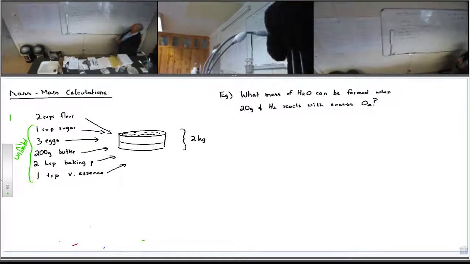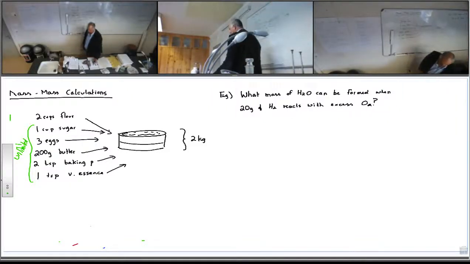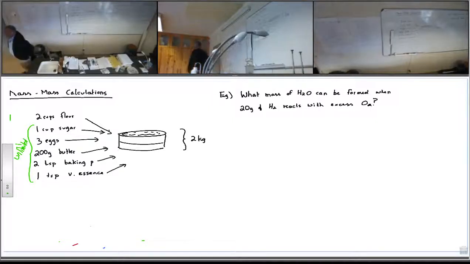What mass of water can be formed when 20 grams of hydrogen reacts with plenty, unlimited oxygen?